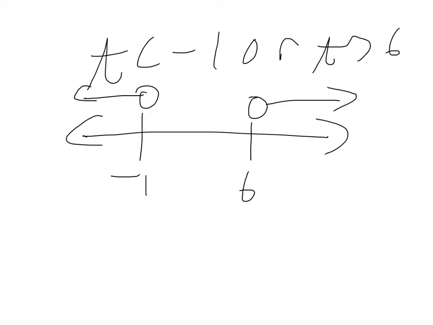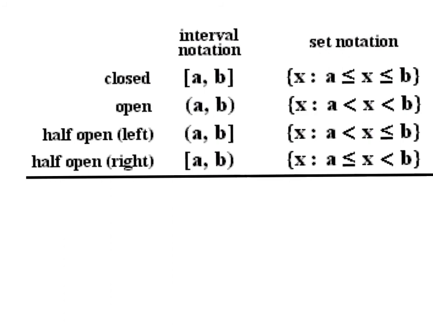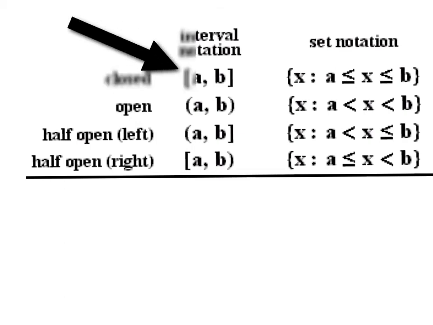That basically covers the compound inequalities, but we need to look at the next thing. When we talk about intervals, we're talking about open, closed, and half open or half closed. When you look at these, you know it's closed because of those brackets right there.